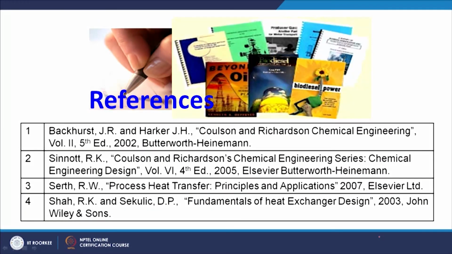So, the design of shell and tube heat exchanger using Bell's method is completed here, and these are some references. You can study these steps in detail in these references, and here I am summarizing the video. This summary is of lectures 2, 3 and 4 of this week, where I discussed the design of shell and tube heat exchanger using Bell's method.